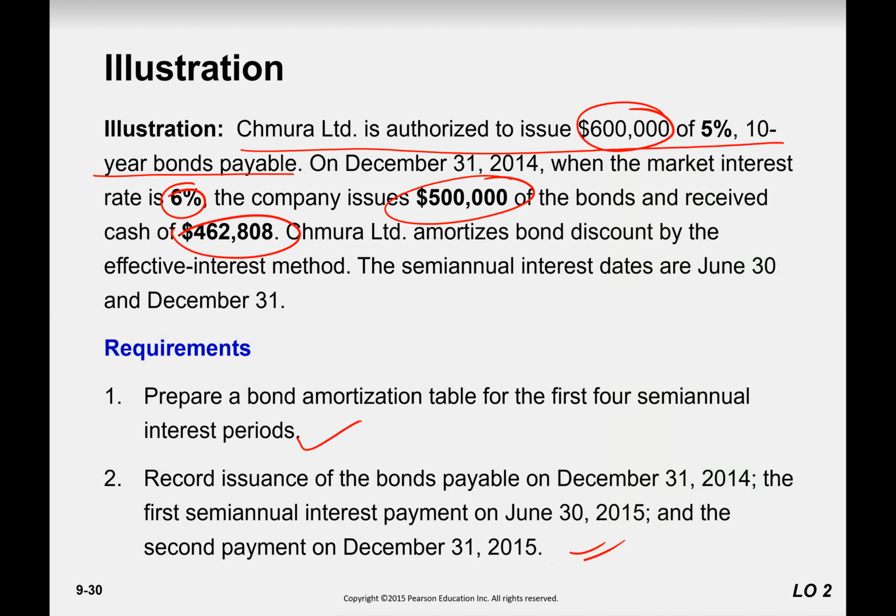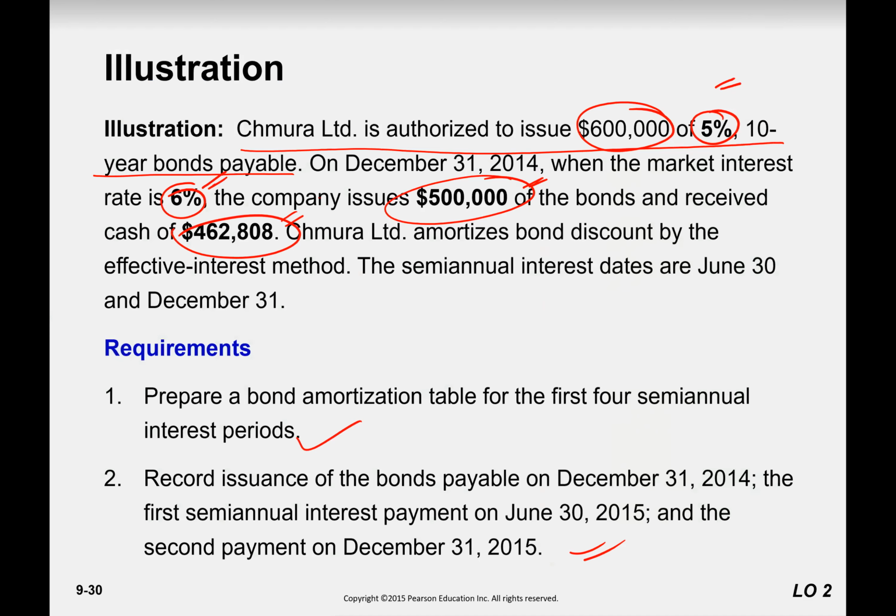It means the market interest rate is higher than the coupon interest rate, right? Your coupon interest rate is 5%, your market interest rate is 6%, you issued 500,000 and you received 462,808.